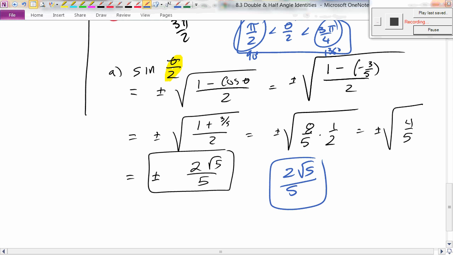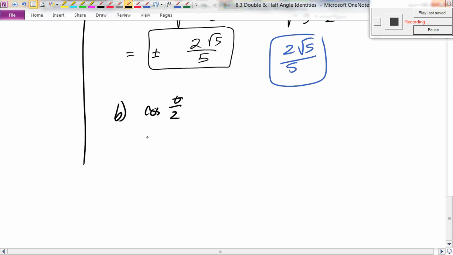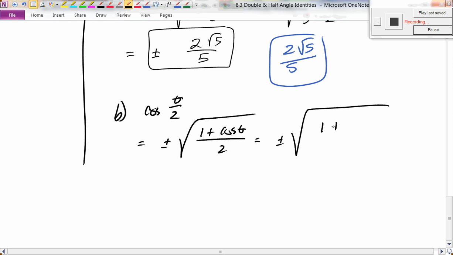Find the cosine of theta over 2. According to our toolkit, the cosine of theta over 2 is equal to plus or minus square root of 1 plus cosine theta all over 2. I just got that straight off the toolkit. Don't have to have that memorized. So that's plus or minus square root of 1 plus a negative 3/5, all divided by 2.